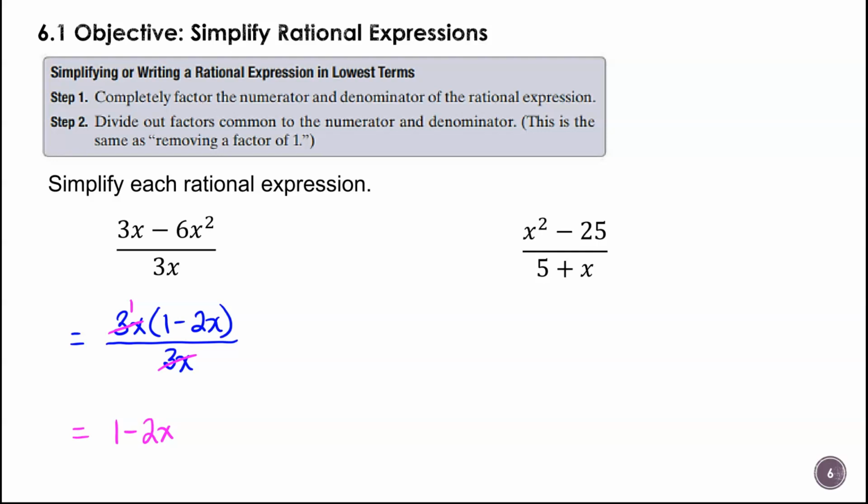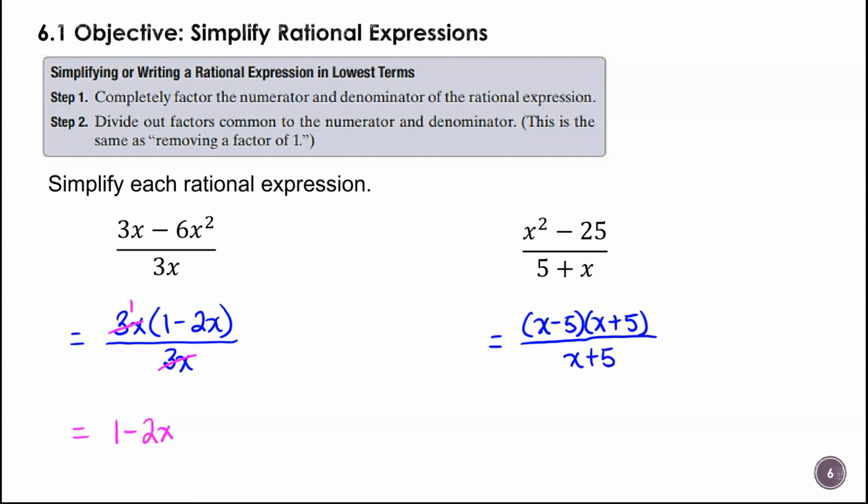Okay, on the second example, we are going to factor the numerator. It's going to be a difference of squares. All right, so that's x minus 5 times x plus 5. And then in the denominator, we could write that as x plus 5.